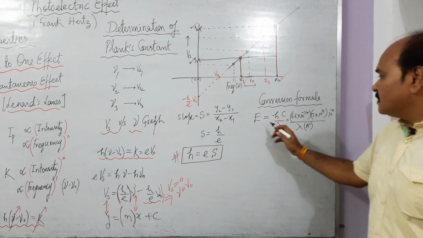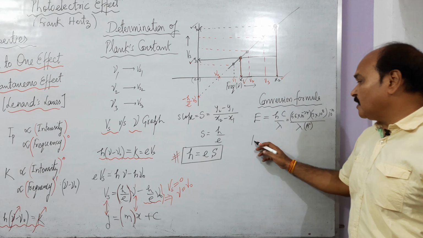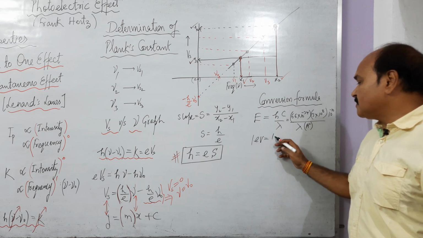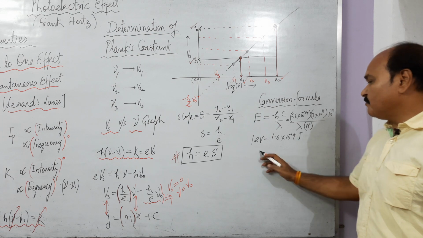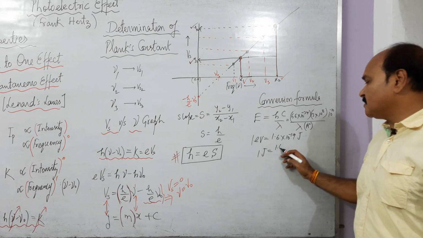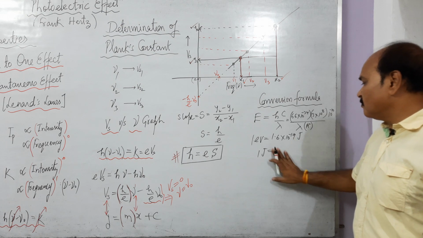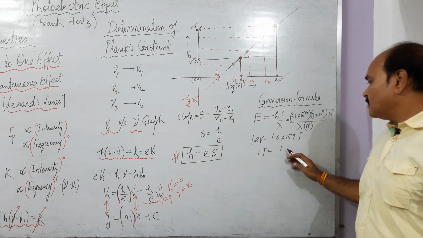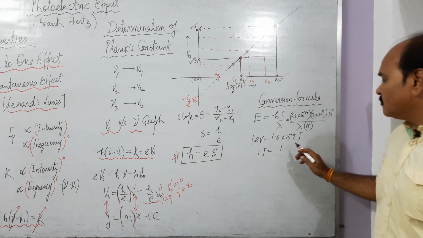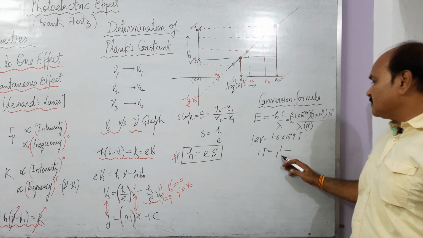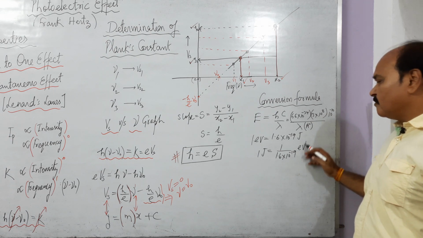So this is energy. This energy is still in joule, and we know that 1 electron volt is equal to 1.6 × 10⁻¹⁹ joule. That means 1 joule is equal to 1 upon 1.6 × 10⁻¹⁹ electron volt.